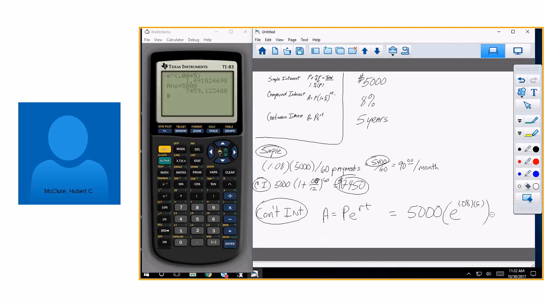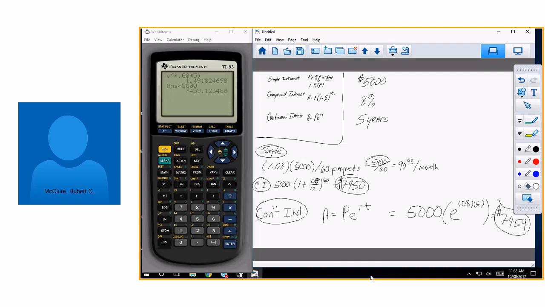And what do you notice about continuous interest? It's kind of the same as, it's only a $9 difference, isn't it? Now, of course, you start talking about big money, then you start talking about a big difference. But usually most banks just do continuous interest because it kind of takes care of everybody, and it's easy.